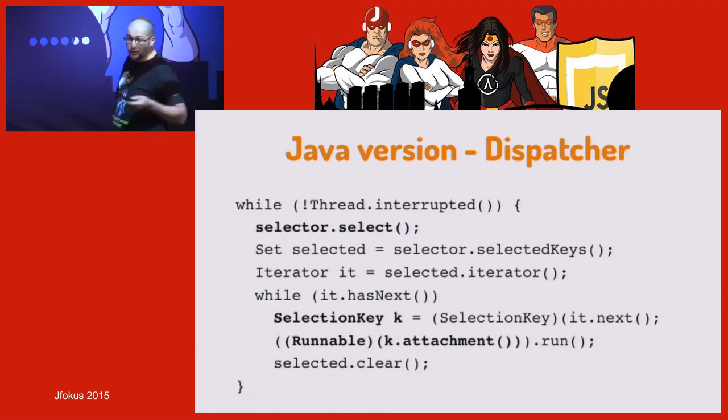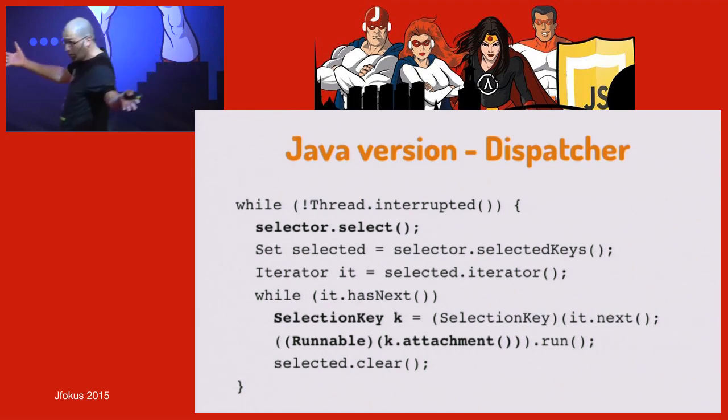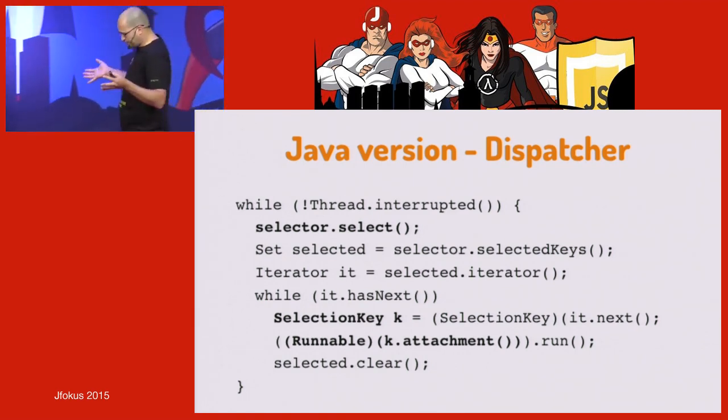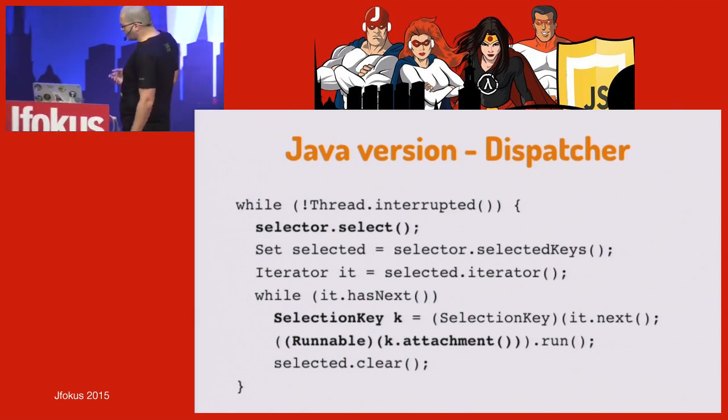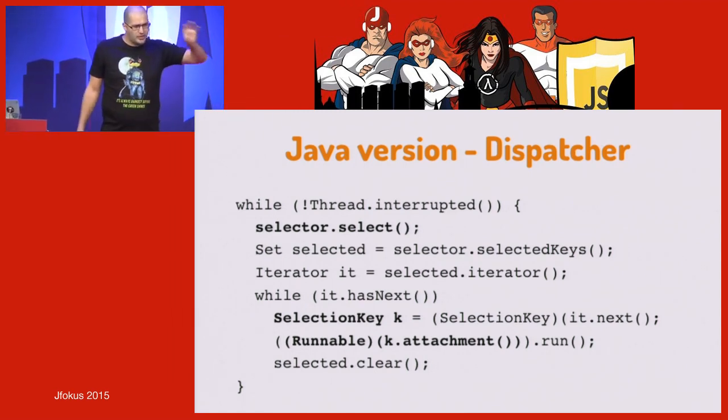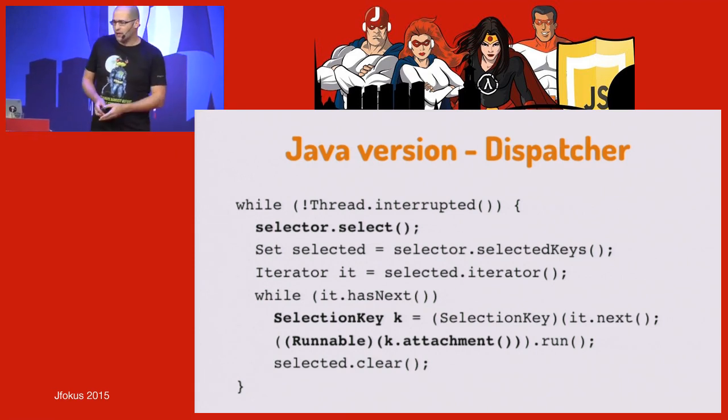Take the attachment, which was an operation that needs to be performed for this key, and just run it in a thread that we took from a thread pool. Okay, so this is exactly what you saw in the diagram. There is a guy that actually selects who should be dealing with this kind of operation.